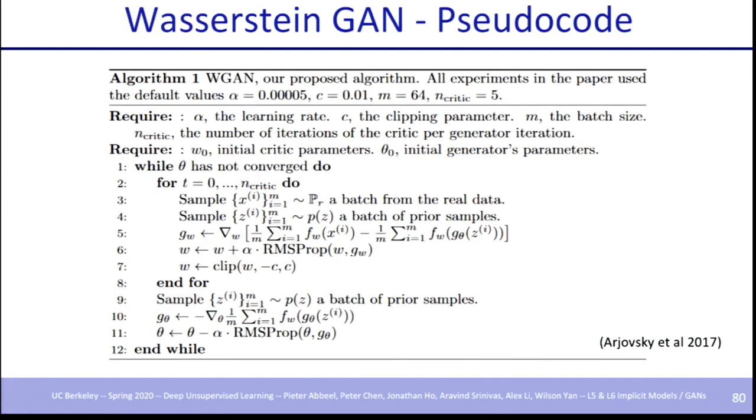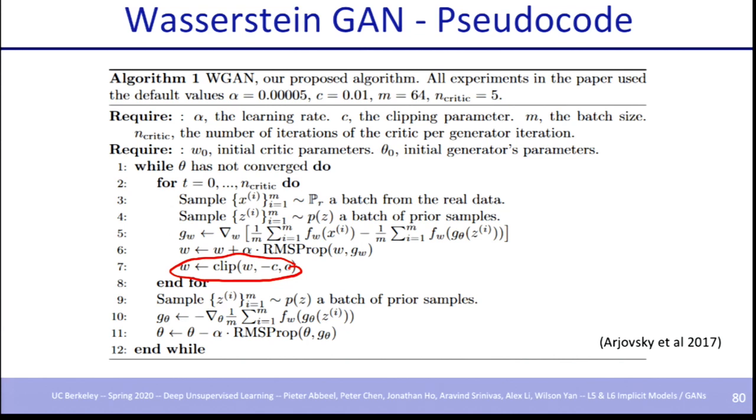So after all this building up, I'm going to disappoint you with how they actually implement it. If you look at the pseudocode of WGAN, and I've built up all the Lipschitzness math and all that, but at the end of the day, all they do for the Lipschitz regularization is just clip the weights. They do nothing else. It's just clipping the weights to lie within a particular value, and they do the regular GAN objective.